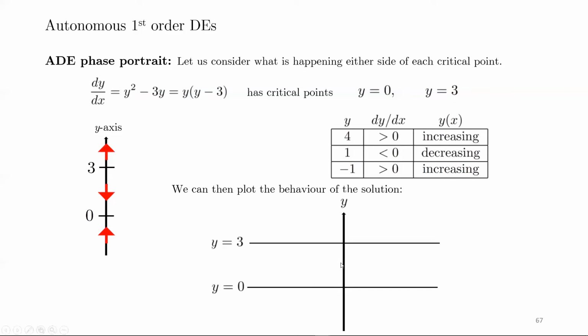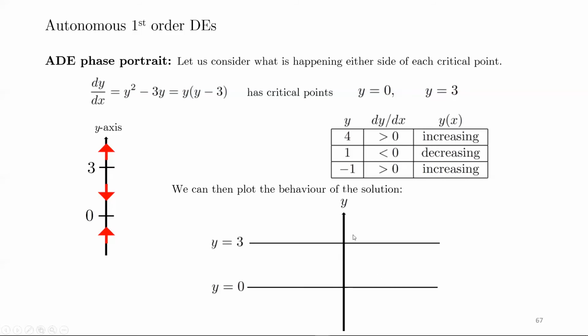Okay, so here are my two critical points, y equals 3 and y equals 0. We know that if we start somewhere near this critical line y equals 3, we're going to move away from that line and move towards the critical line 0 in some curve. We don't know exactly how it's going to move or the exact slope, but all we know is it's going to move away from the line y equals 3 towards the line y equals 0.